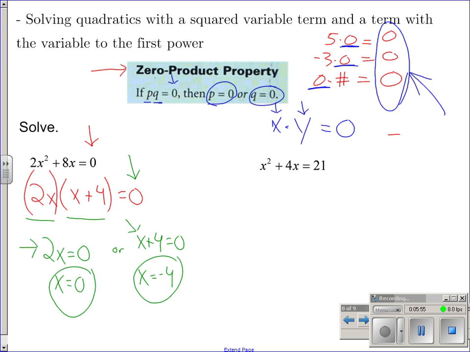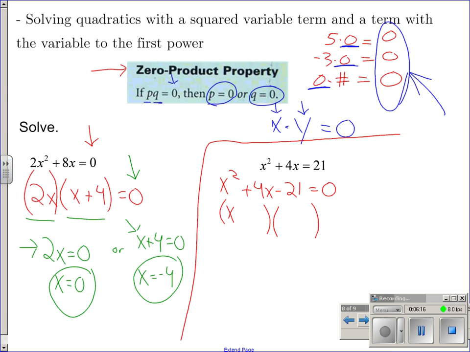Now let's look at this next example. We have an x squared term and an x term, but it's not equal to 0, so we have to change that. For x squared plus 4x, we're just going to subtract the 21 from both sides. Now we're going to factor this. We're going to get an x and an x, with plus 7 and minus 3, equals 0.